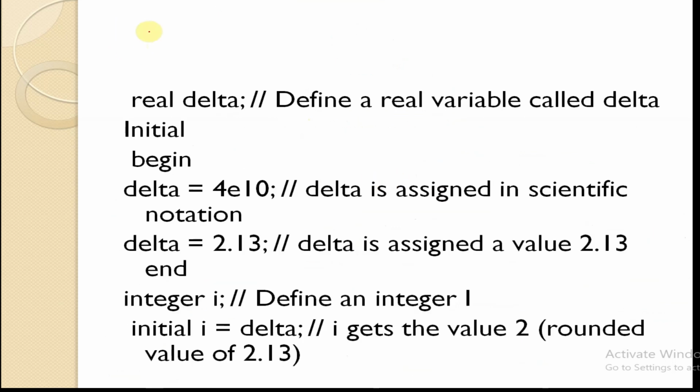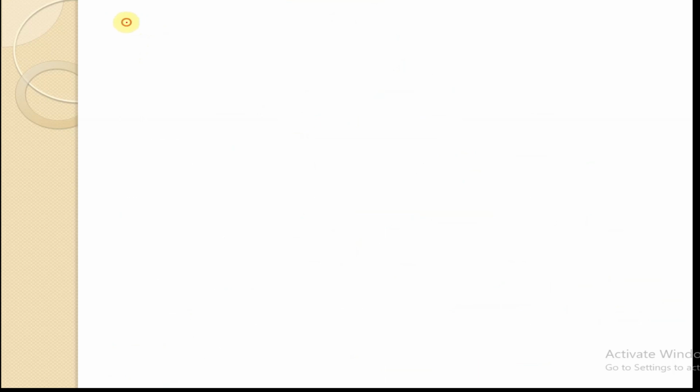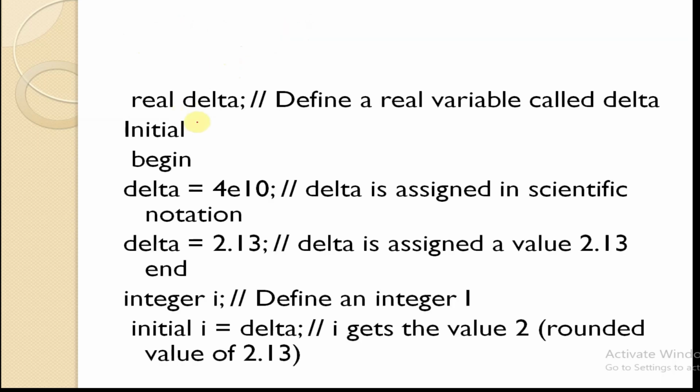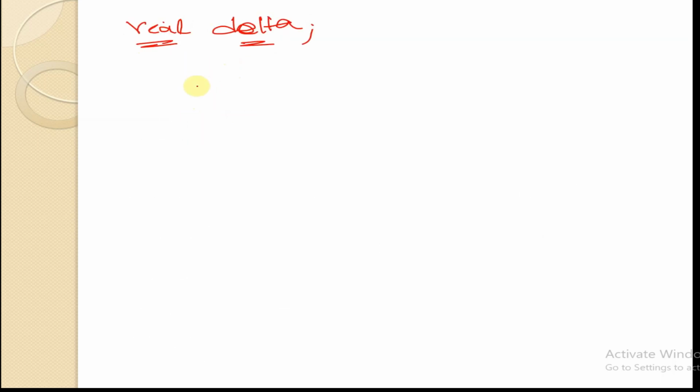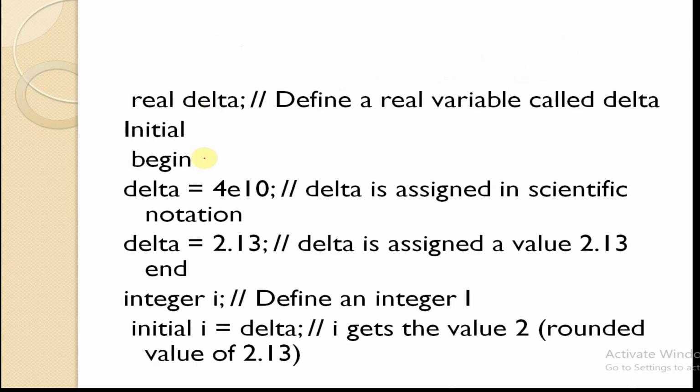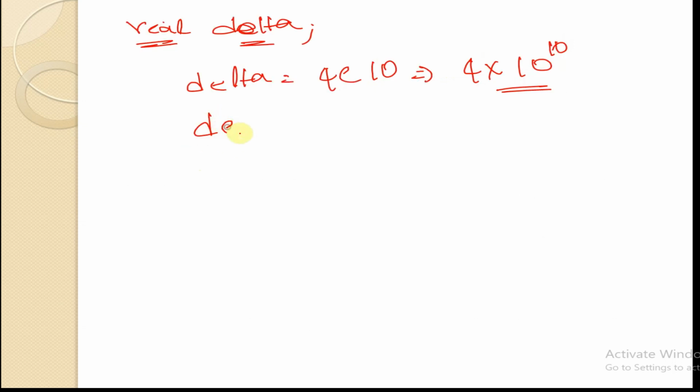Here let's see an example. They have declared a variable called delta of type real. Within an initial begin block they are assigning delta is equal to 4e10, which is nothing but 4 into 10 power 10, and again they are assigning delta is equal to 2.13.